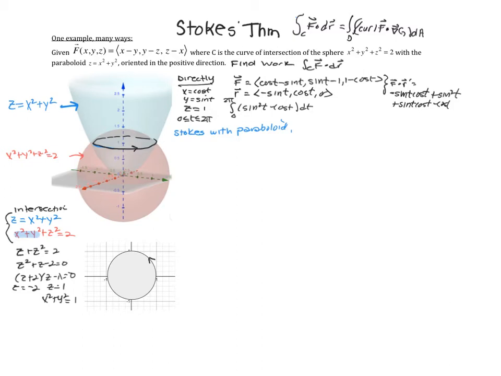In this problem, if we're using the paraboloid, then our surface is z equals x squared plus y squared. So we're looking at this as z as a function of x and y. We get everything on one side, and this is what I call g in the shortcut. The gradient of g is negative 2x, negative 2y, 1.